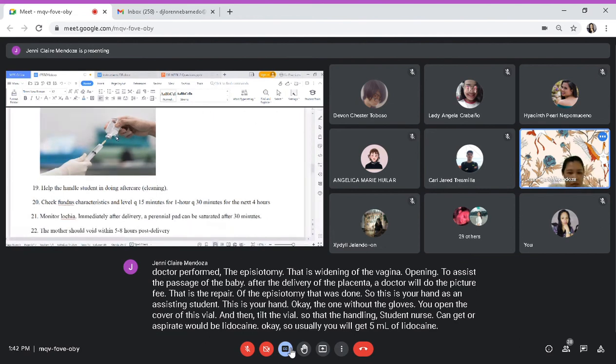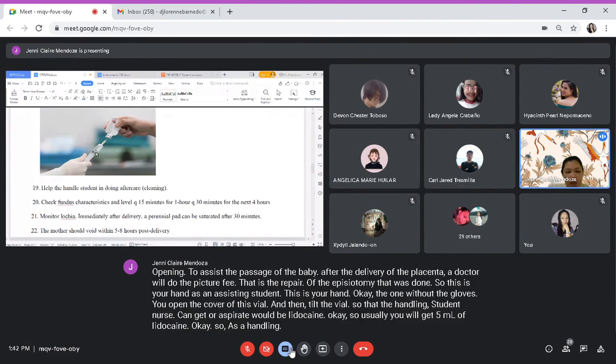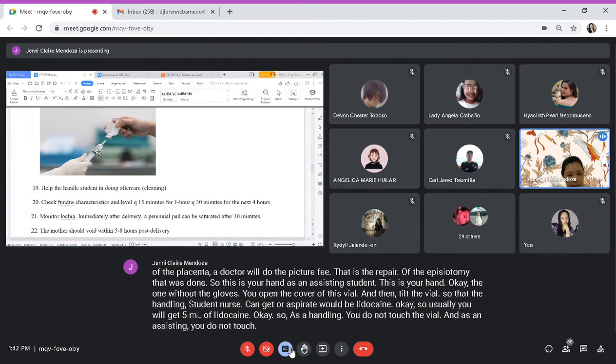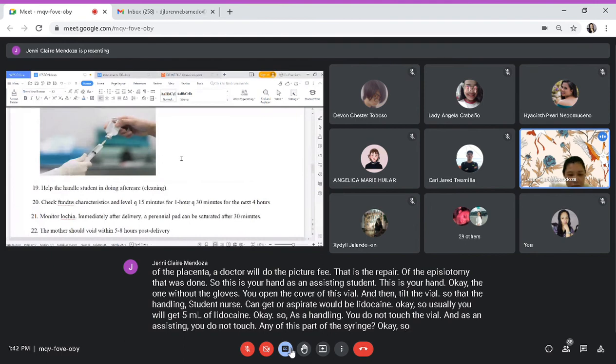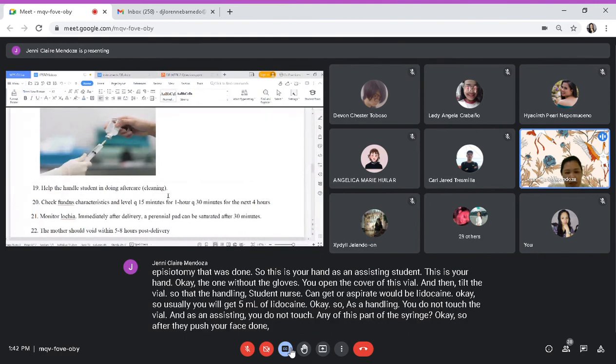Okay, so as a handling, you do not touch the vial, and as an assisting, you do not touch any of this part of the syringe. Okay. So after the episiotomy is done, the handling student is doing the aftercare.